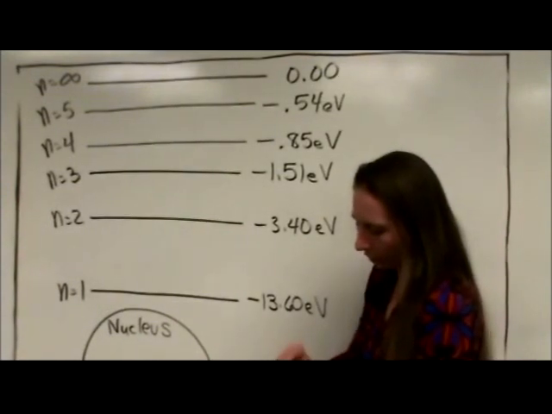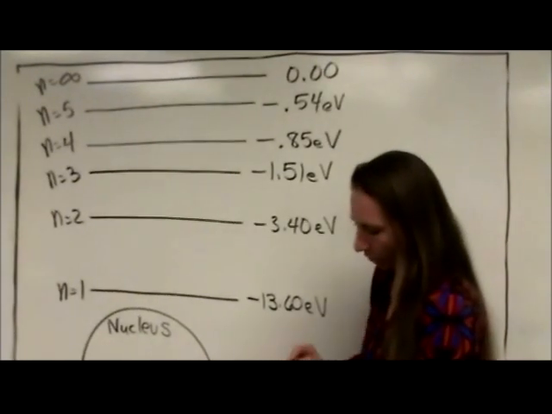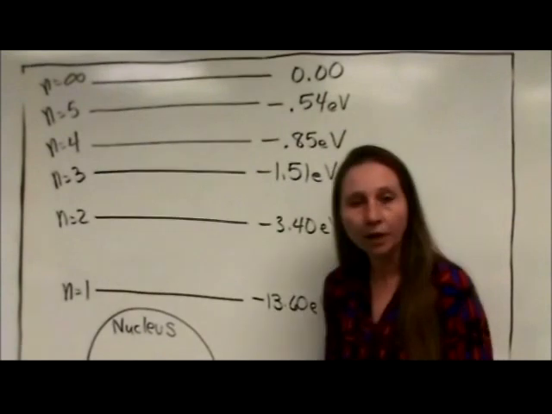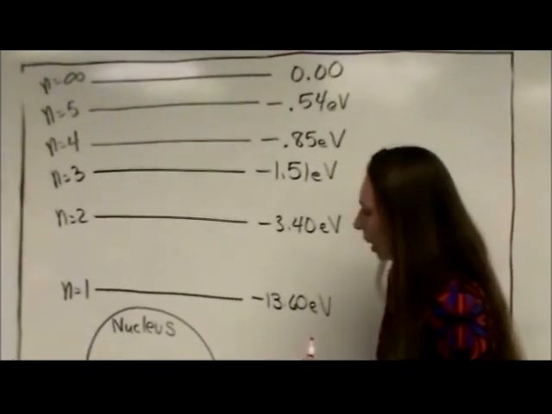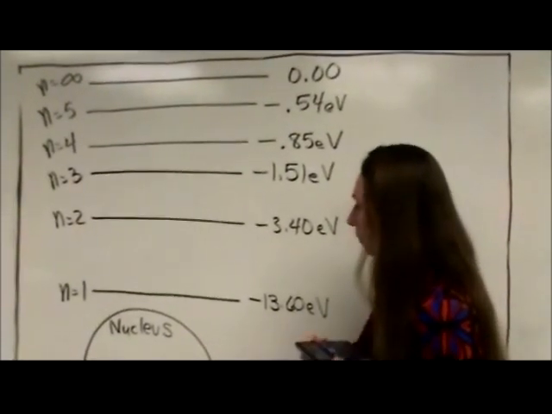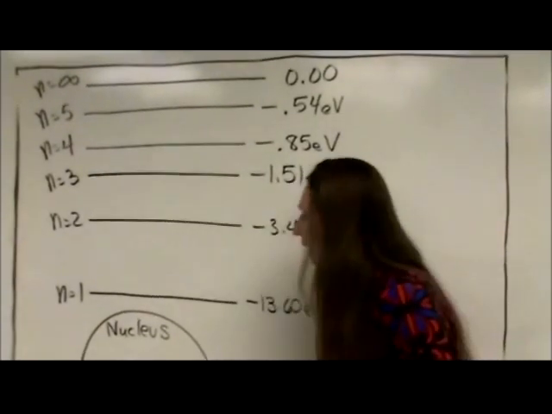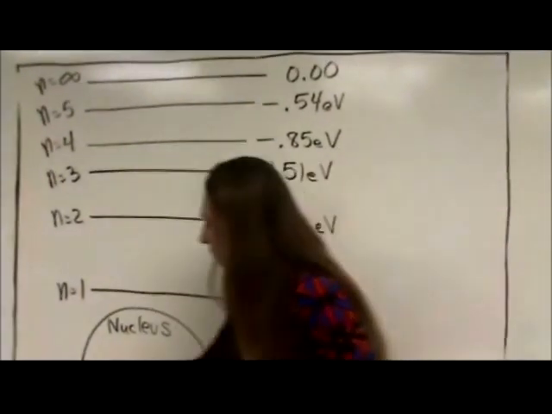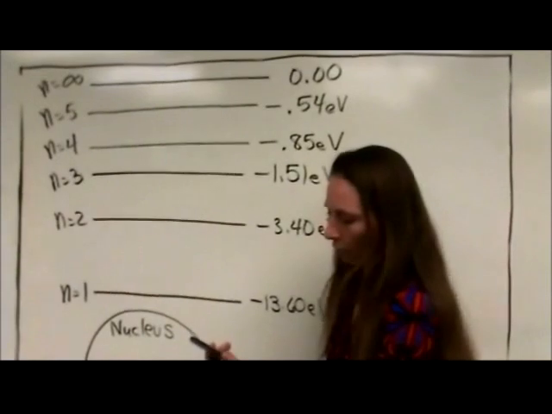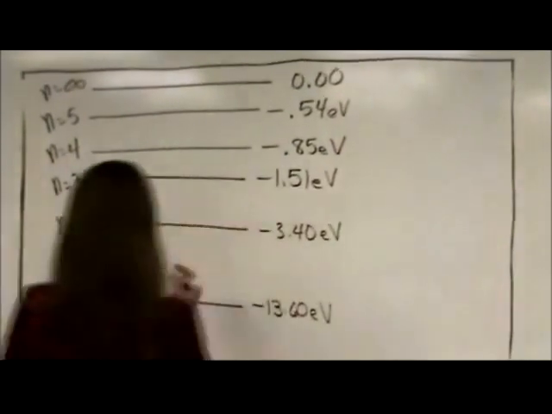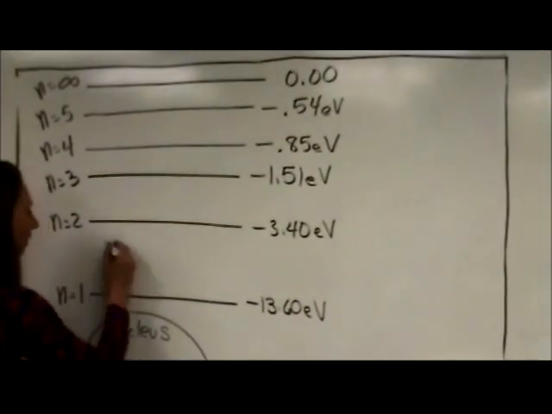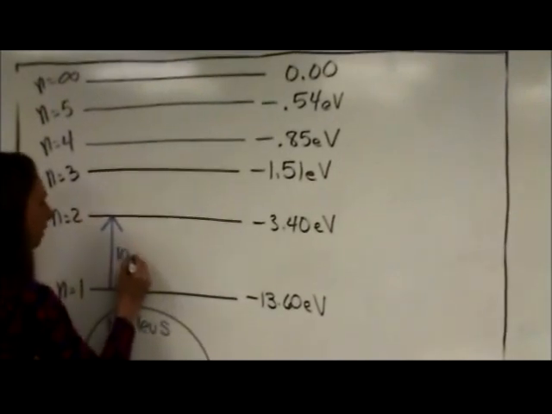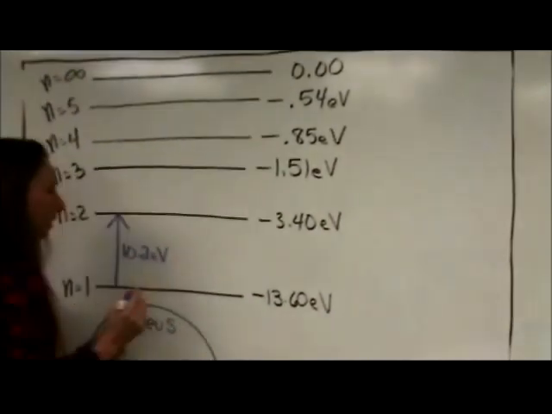So 13.6 minus 3.4 means that if an electron wanted to absorb energy and jump from n equals 1 to n equals 2, it would have to absorb 10.2 electron volts. So here, this would be 10.2 electron volts.